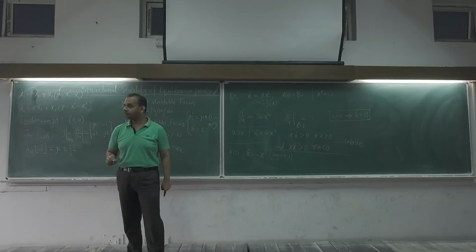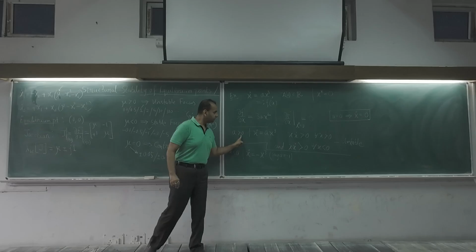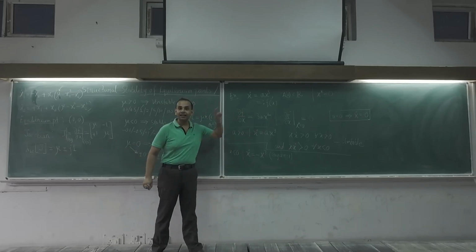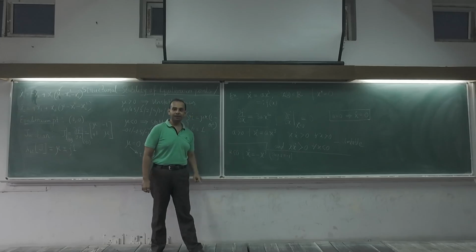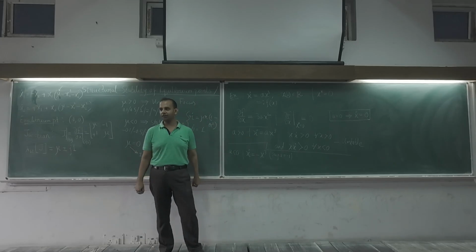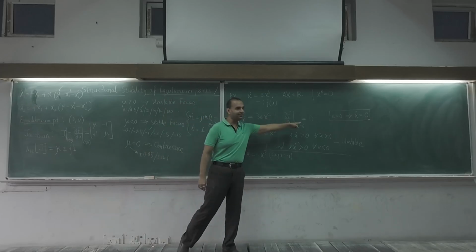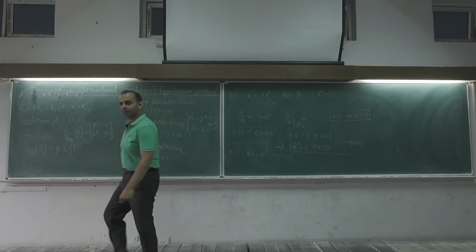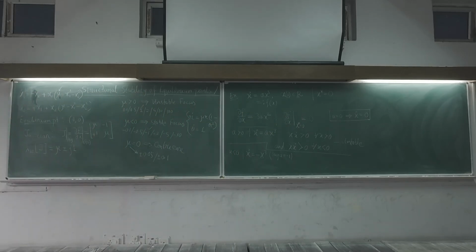But if a is non-zero, in the positive case, it is completely unstable, not marginally stable. And in the negative case, it is asymptotically stable, but never marginally stable, right? But if you go by the linearization approach, irrespective of the values of a, it will always give you that it's a marginally stable system. That is the idea.